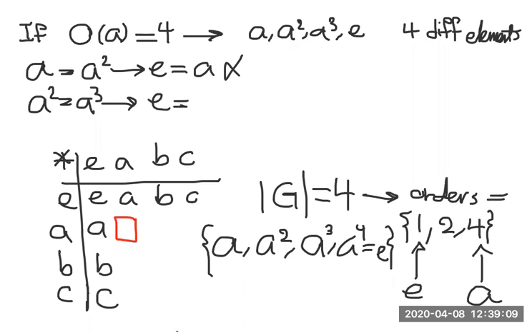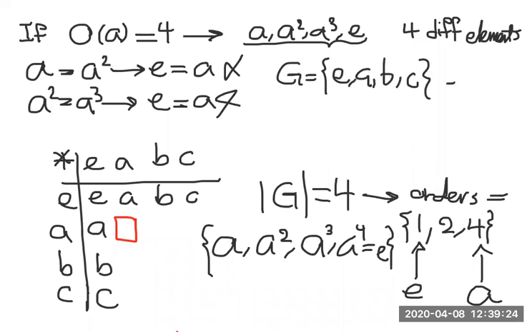Again, I would get E equals A, which is not correct. So these are 4 different things, and the group has 4 elements. So G, which is E, A, B, C, is equal to A, A squared, A cubed, and A to the 4th.